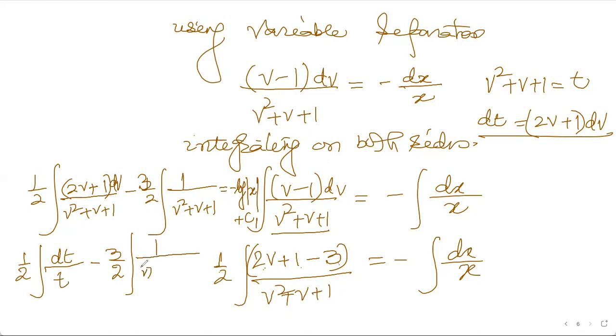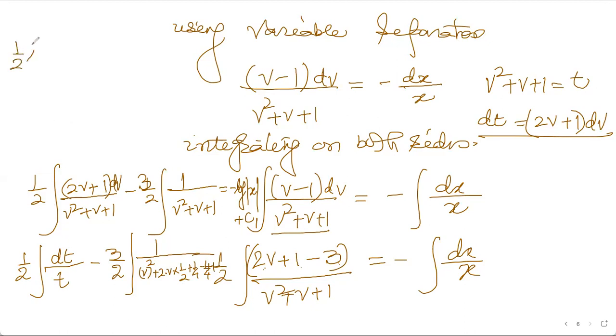So it is again a square completing, as you have learnt in the integration part: v square plus 2 into v into half plus 1 by 4 minus 1 by 4 plus 1 here. I'm getting a space crunch here.